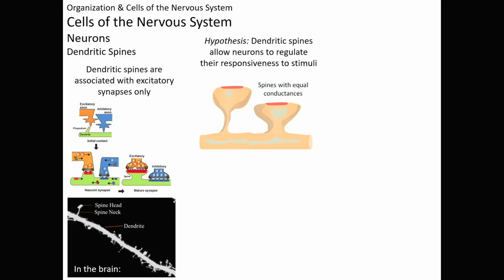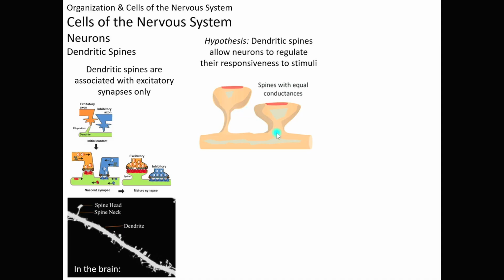There's an equal amount of surface area there, for example, for the neurotransmitters to interact with and to generate an excitatory response. What differs, of course, between these two spines is not the surface area of their heads, but rather the length and the width of their necks, right? You can see the one on the left has a very kind of long and narrow neck.